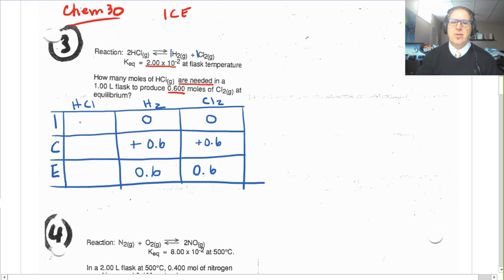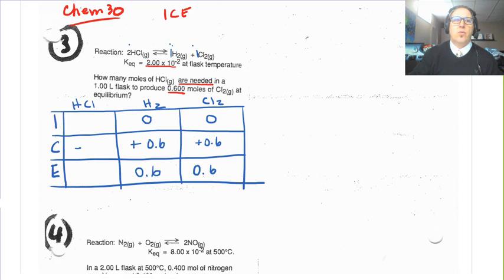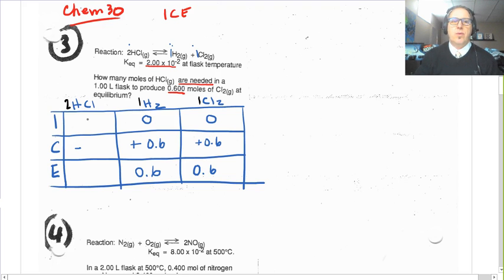Now, for HCl, we don't know what we have to begin with, and we don't know what we have at equilibrium, but we know what this change is. This is a 2-to-1 ratio. So if this is adding 0.6, and I think sometimes we want to do this just to remind ourselves: if this is 1, what is 2?